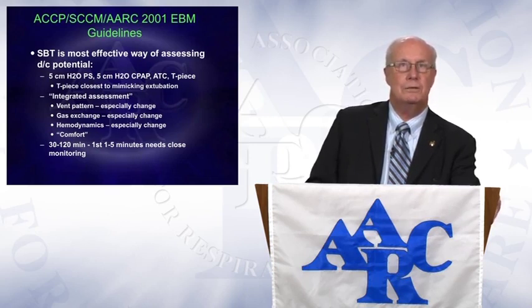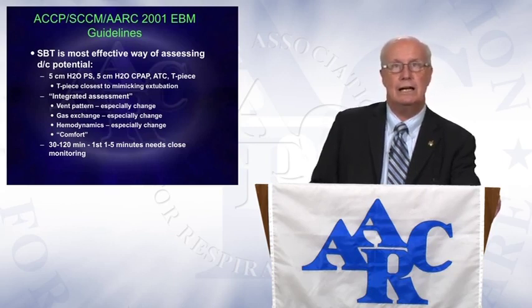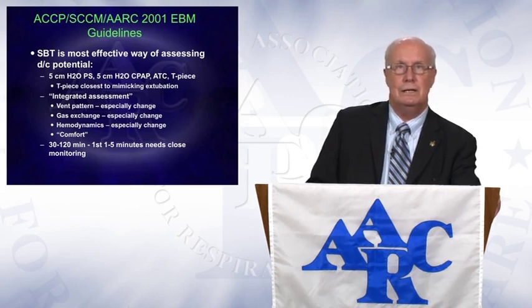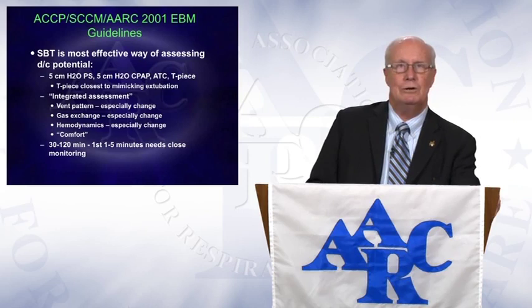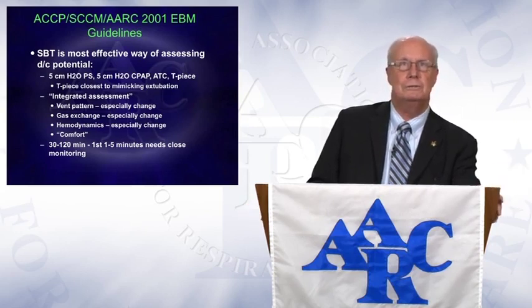Does their pulse oximeter stay in an acceptable range? Hemodynamics, do they get tachycardic, bradycardic, hypotensive, hypertensive? And finally, hard to define this, but every good respiratory therapist knows what I'm talking about. How do they look? Comfortable.